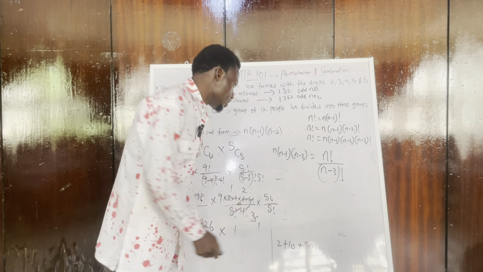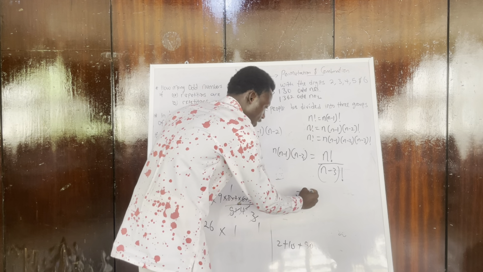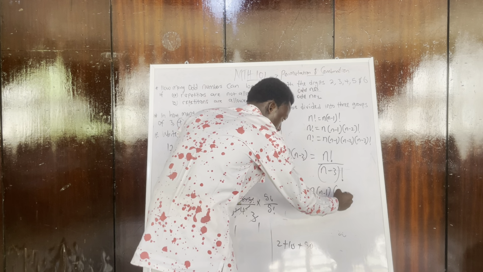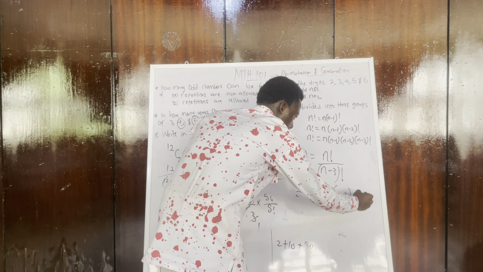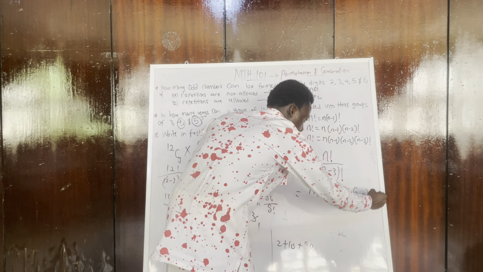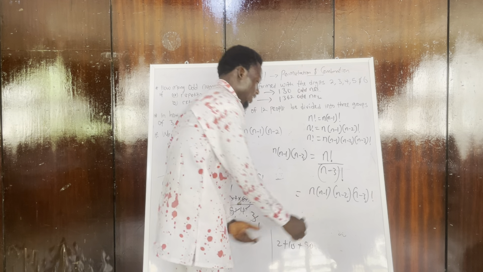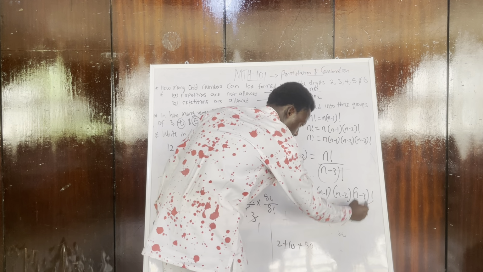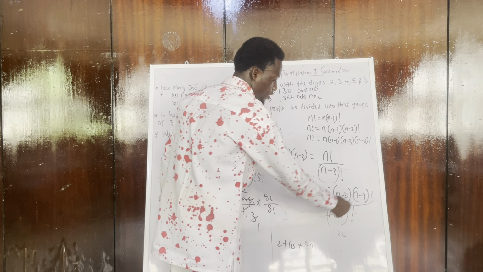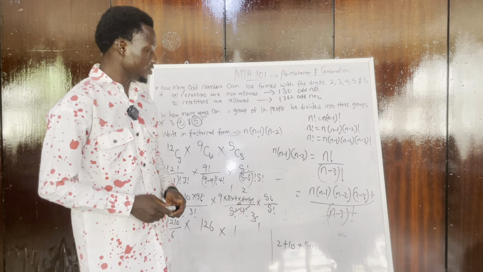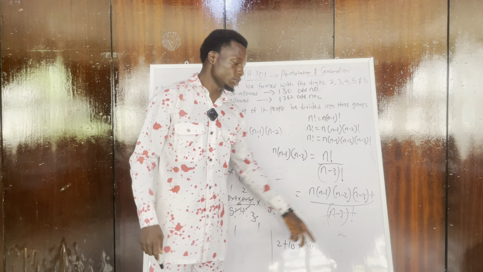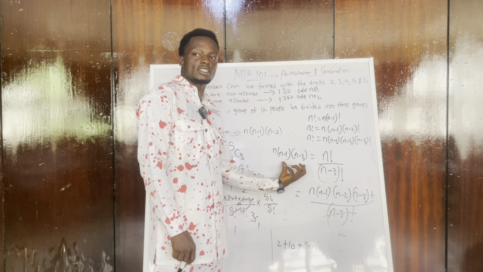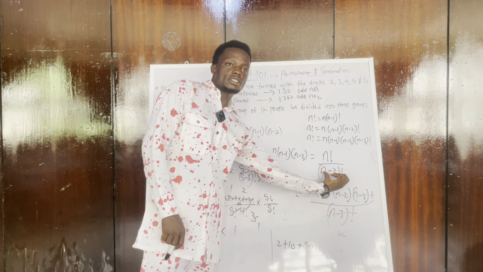Now I'm going to explain. You know n factorial can be n into n minus 1, n minus 2, n minus 3 factorial. Now if I divide it by n minus 3 factorial, this one will cancel this one. So what will I have left there? I will have n into n minus 1 into n minus 2, which is equal to this. So the factorial form of this guy is n factorial over n minus 3 factorial.